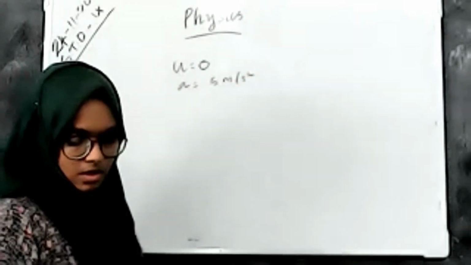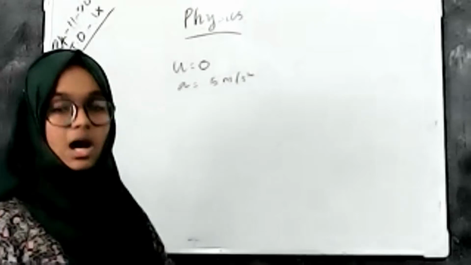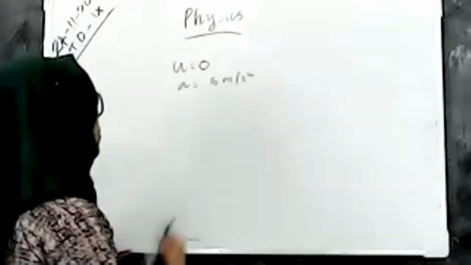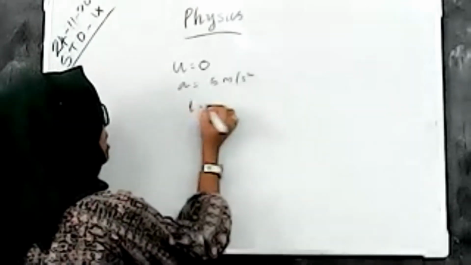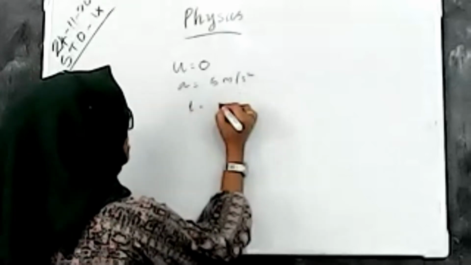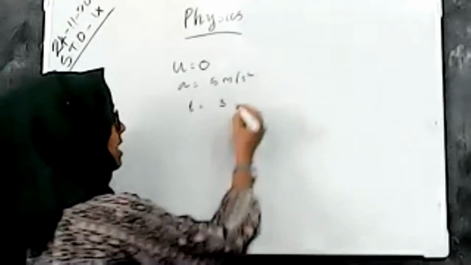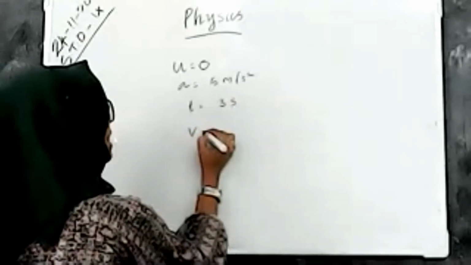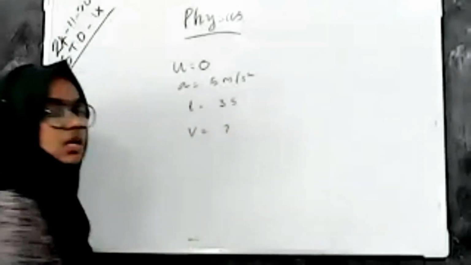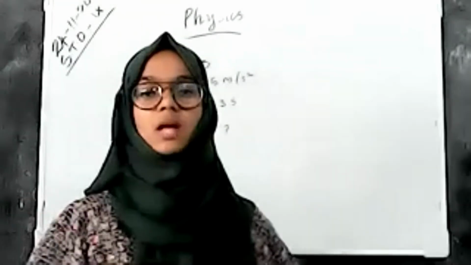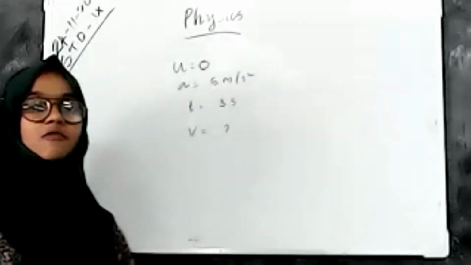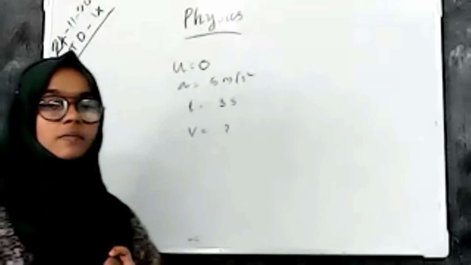And what will be its velocity after 3 seconds? The body is moving with an acceleration of 5 meter per second square for a time of 3 seconds. We want to find the velocity at the ending time, or the final velocity of the body.